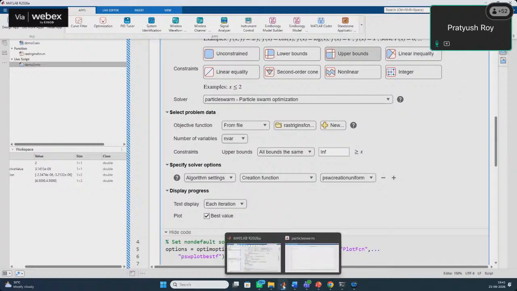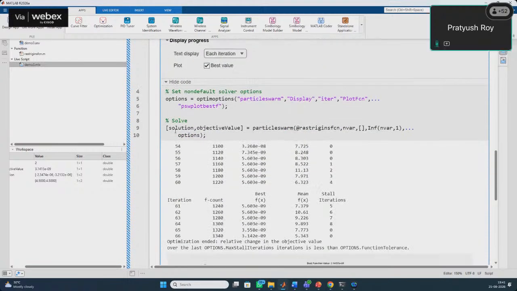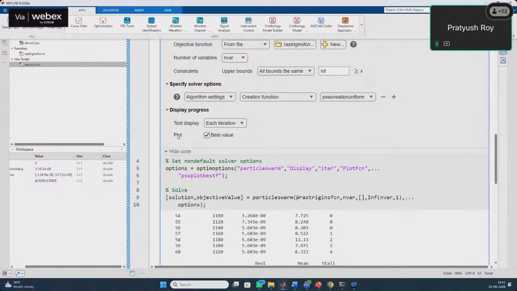Now, before I jump to other examples, just to do a quick recap, we looked at solving optimization problems using particle swarm algorithm.